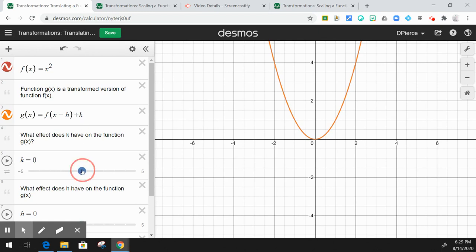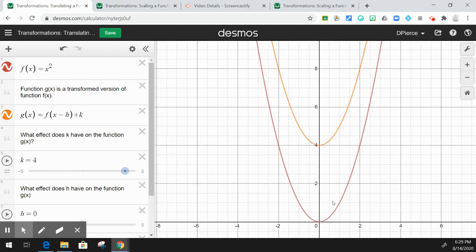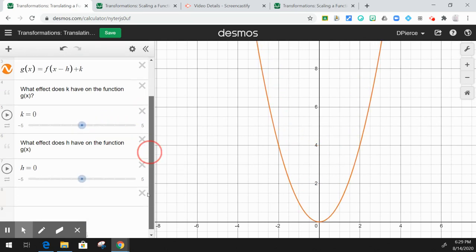So if I have a positive k value and I move that k up, you'll see that the graph is also going up that many units. So here I'll stop, if k is 4, you can see the graph went up 4 spaces. But I will take it back down to 0 so we can look at the horizontal.